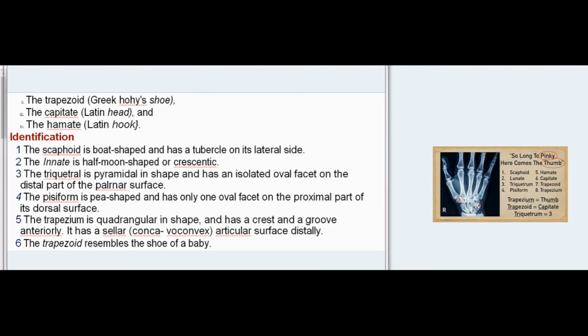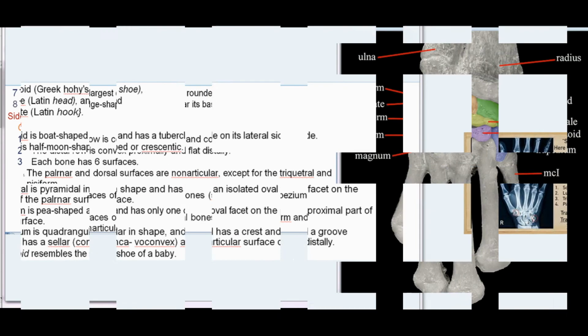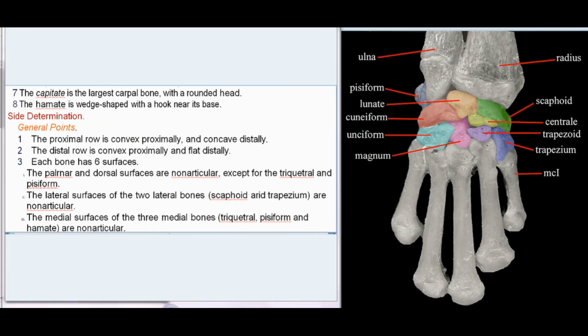The trapezium is quadrangular in shape, and has a crest and a groove anteriorly. It has a saddle-shaped, concavo-convex articular surface distally. 6. The trapezoid resembles the shoe of a baby. 7. The capitate is the largest carpal bone, with a rounded head. 8. The hamate is wedge-shaped with a hook near its base.